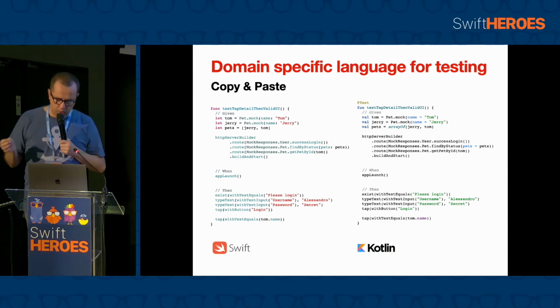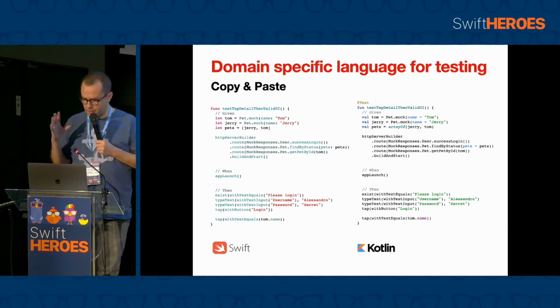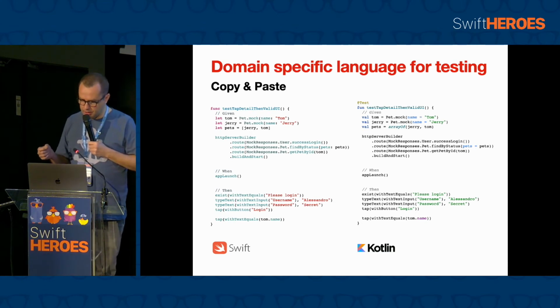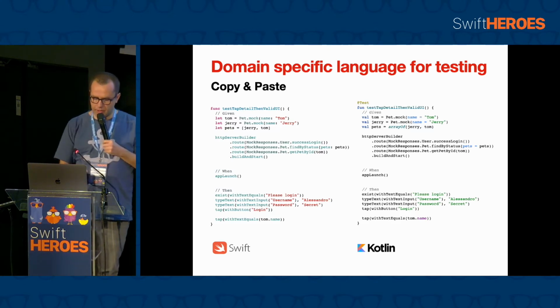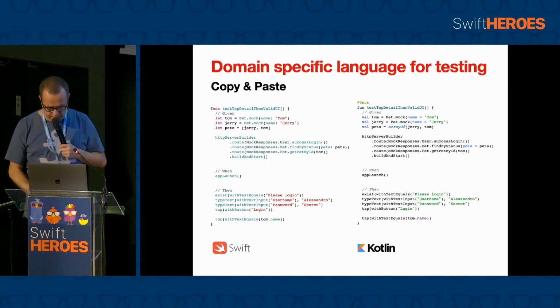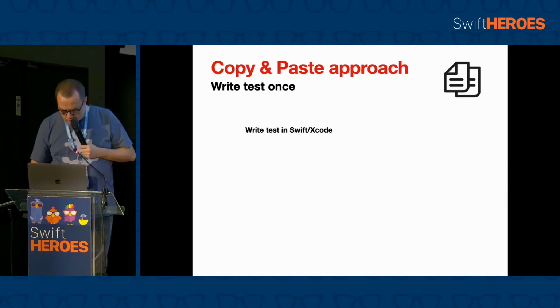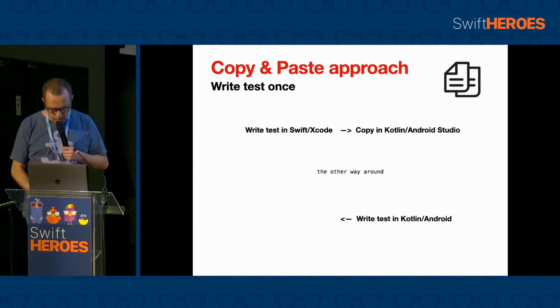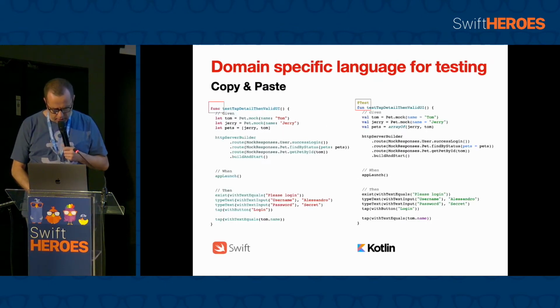Also, with the copy and paste approach, we reduce the probability of introducing errors during translation. So you write your test in Swift and you copy it into Android with little difference.